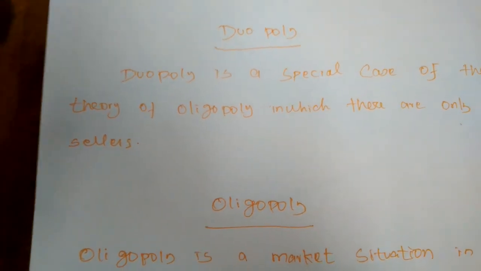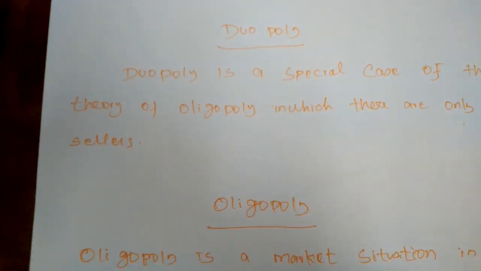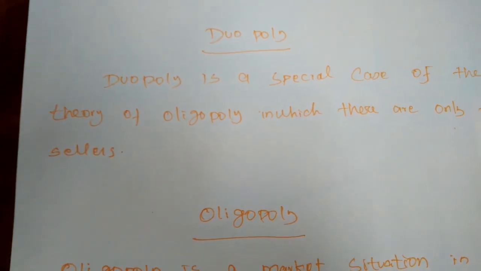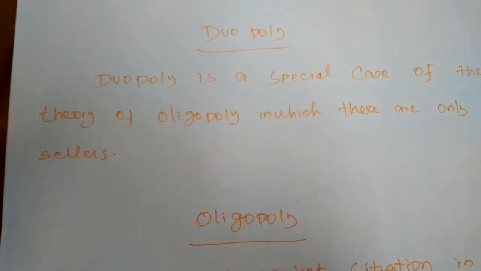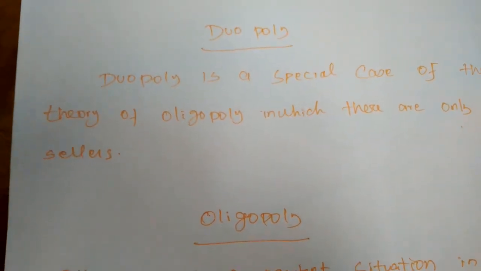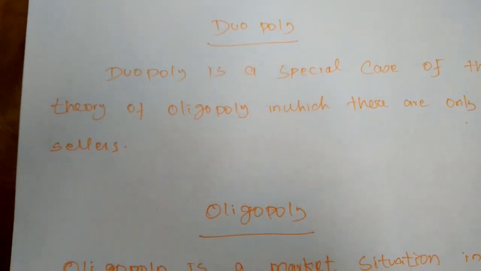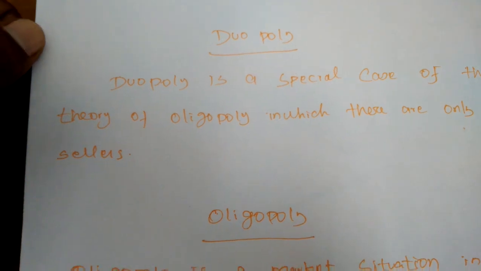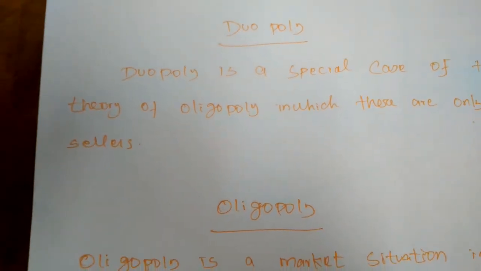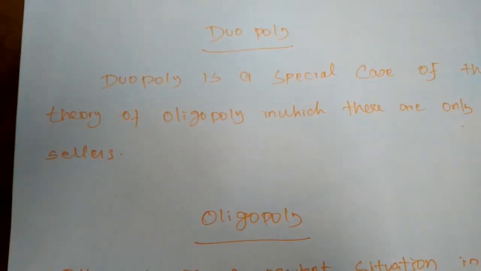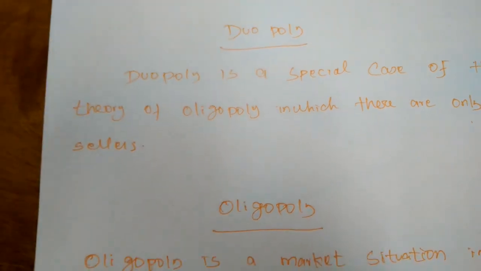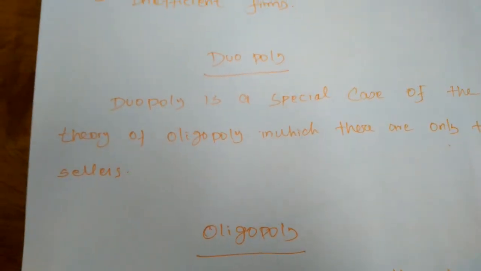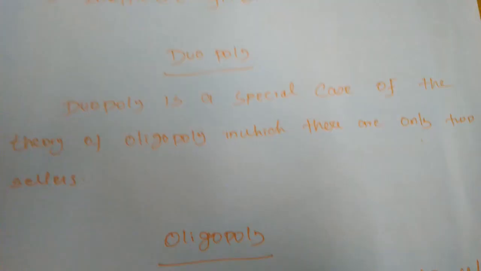Next, they may enter into cutthroat competition. Cutthroat competition means that when they make an effort to compete with others, it will affect the other company. Next, there is no product differentiation. For example, we can take the Coca-Cola company and the Pepsi company.